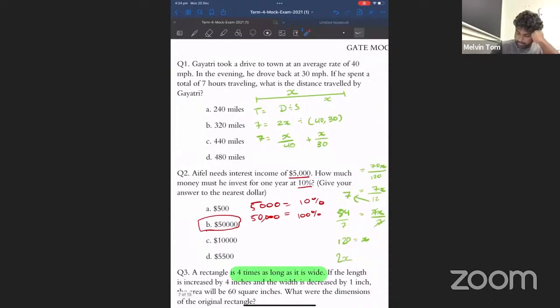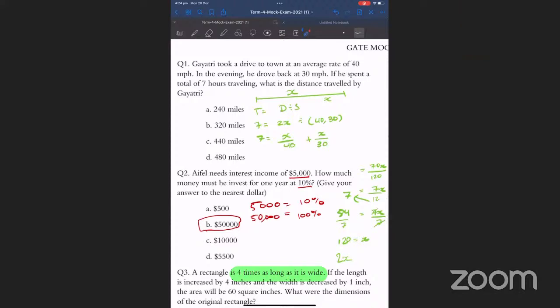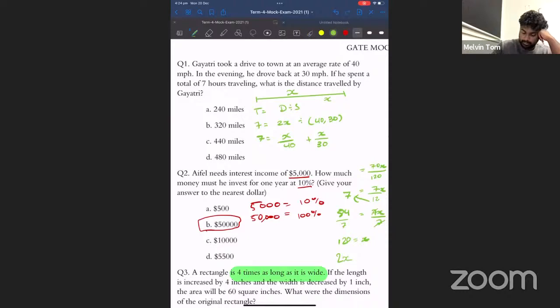All right, so now you add them up by making them the same common denominator. So what's the common denominator of 40 and 30? 120. So 7 is equal to 30x over, or what's, no, you can do 120, or you can simplify it.